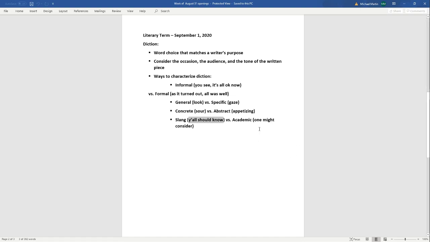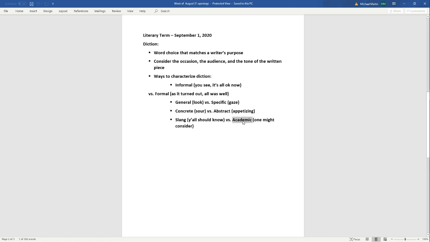On the other hand, academic, if I'm in a big formal auditorium giving my life's work out, trying to convince them of some new theory I discovered, I would probably use one might consider, because that seems a lot more suitable for the setting.